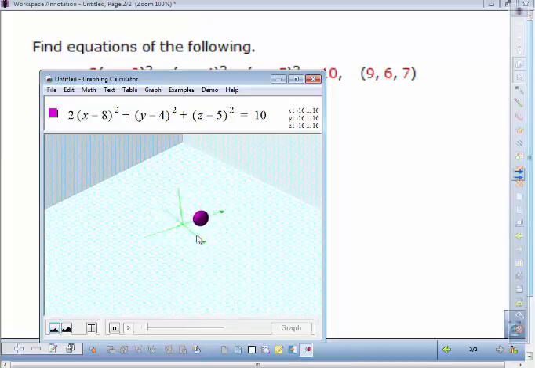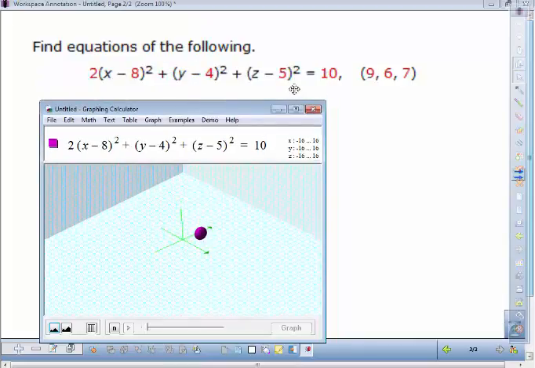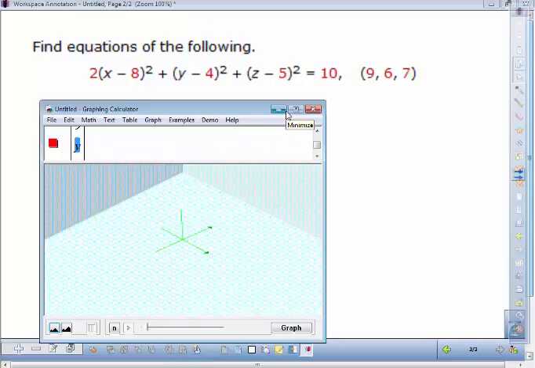If I zoom out far enough, it's a surface that lives in 3 dimensions, so this clearly is an equation of a surface living in 3 dimensions. And if I were to graph that point as well, 9, 6, and 7, it's hard to see, but it should be on that.